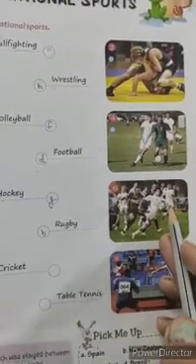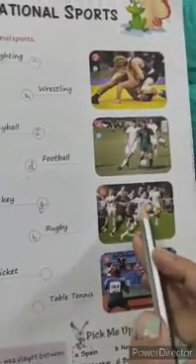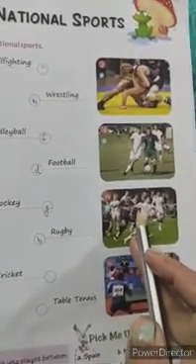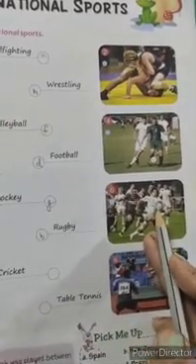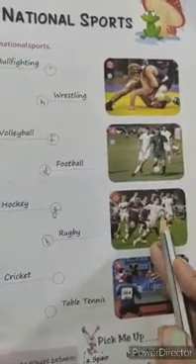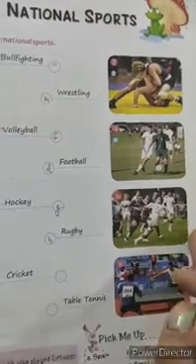Now what happens in rugby? This game is played between two teams of 15 players each. Means each team consists of 15 players. They play with an oval shaped ball and it is based on running with the ball in hand. They run with the ball by catching it in the hand.